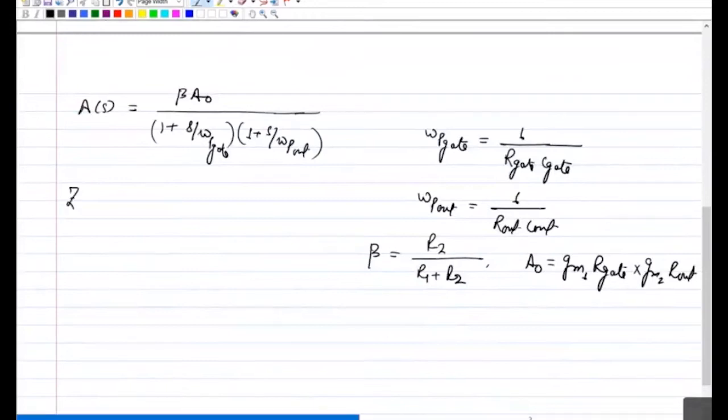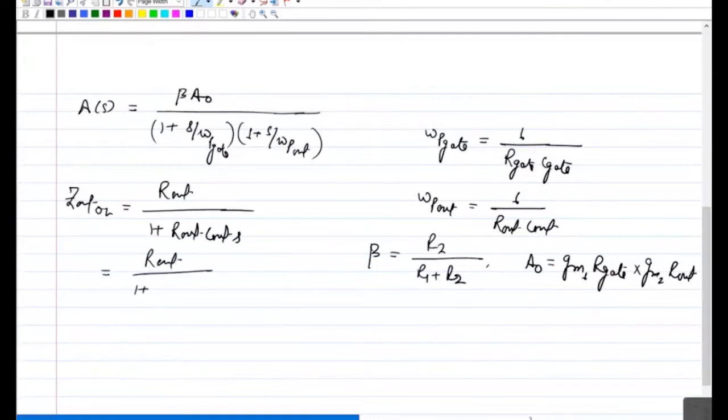So Z out open loop is R out over 1 plus S R out C out. So let's substitute both. And what is this, 1 over R out C out? What is that in terms of omega if I want to write it? This is the same as omega P out, correct?